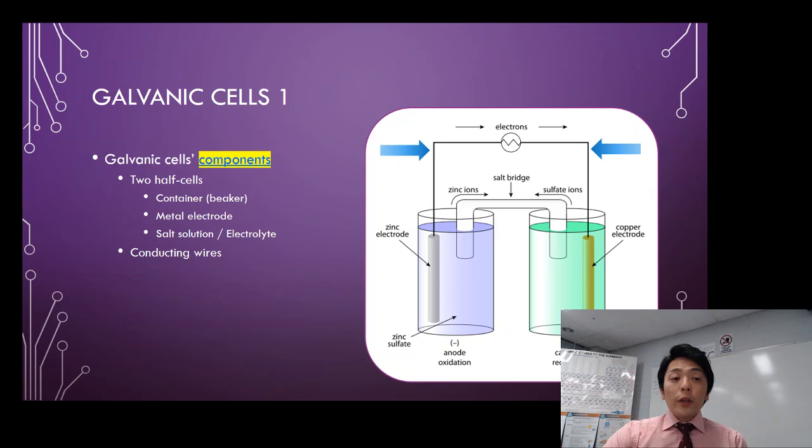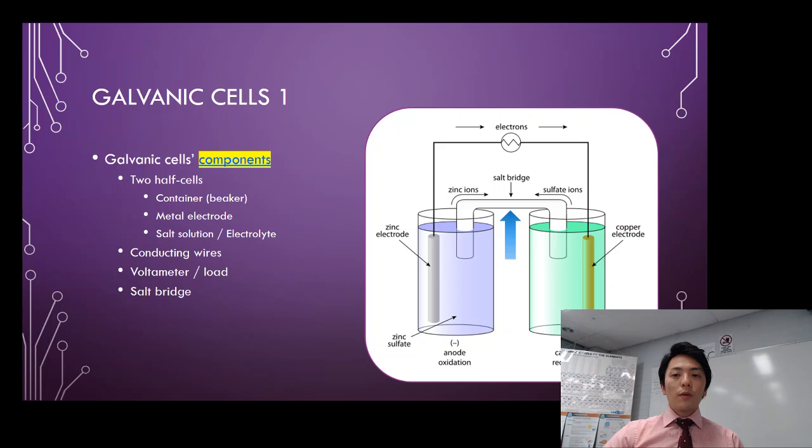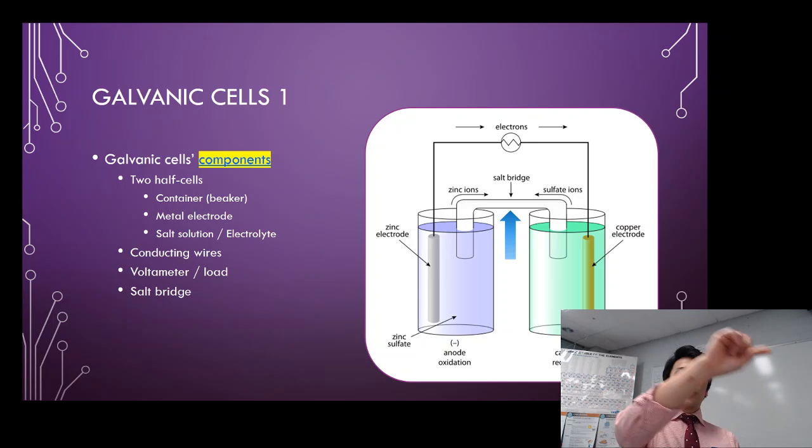You can connect those two half cells with connecting wire, and in the middle you can have a voltmeter, multimeter, or some sort of load like LED lights or a light globe, buzzer, whatever is fine, that can consume electricity. And to complete the circuit, from one cell to load and then to another cell, you have to connect that in between place with what's called a salt bridge.